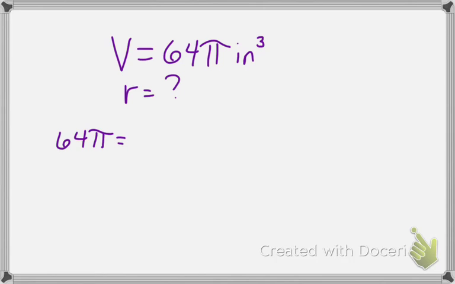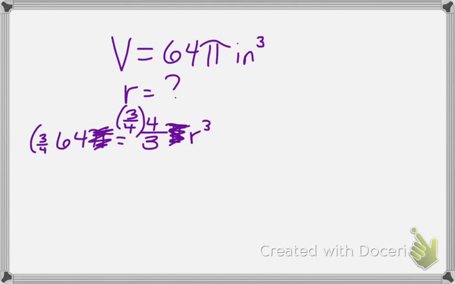To volume, which is 4/3 pi r cubed. Can we cancel out pi's? Yeah. So I can get rid of those. How would you get rid of the 4/3? You could either divide by 4/3 or even easier, multiply by the reciprocal. Either would work. So when I do 64 times 3 divide 4, I get 48 is equal to r to the third power.